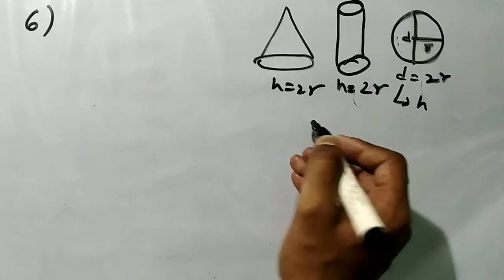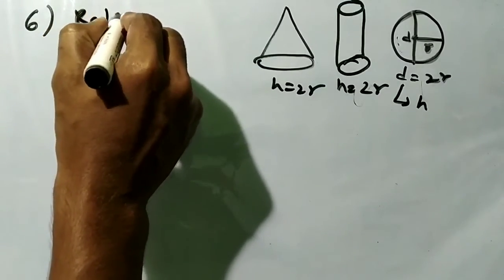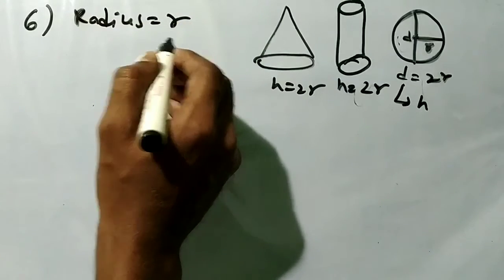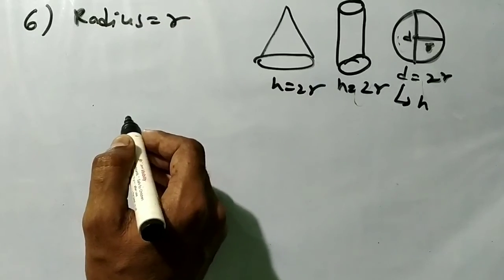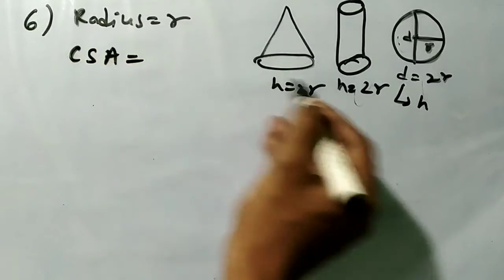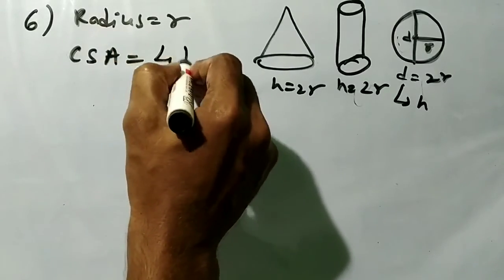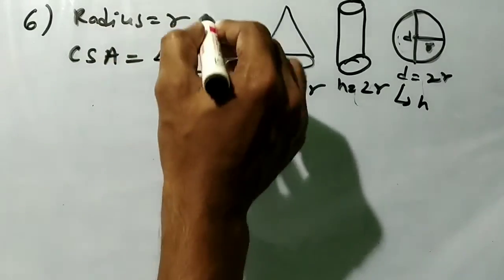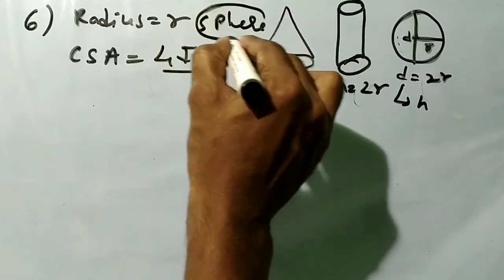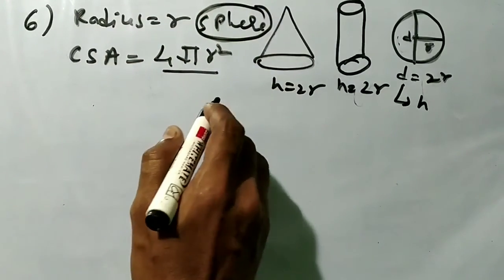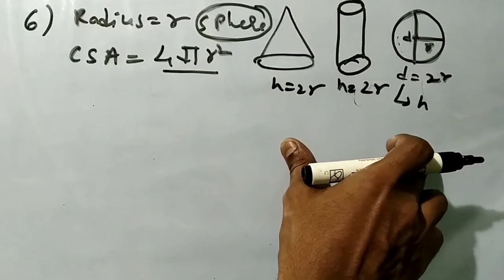So we can find it now. The radius is equal to R, and the CSA of a sphere is equal to 4 pi r square. We have to find the ratio between the CSAs, curved surface areas, of the 3 figures.